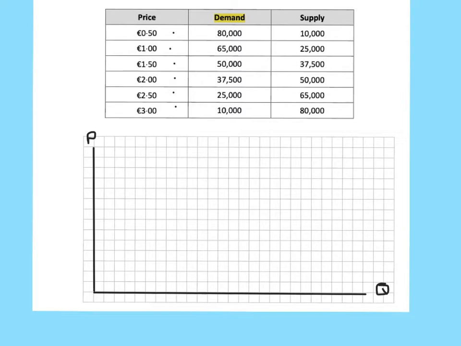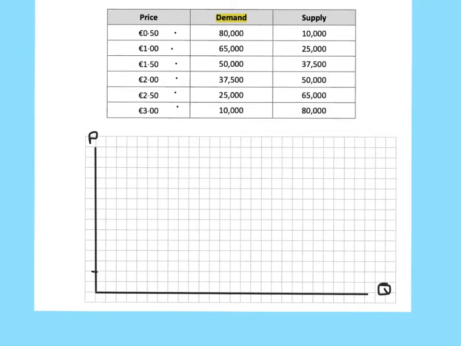So every 2, we'll say 0.5, 1, 1.5, 2, 2.5, 3. Just to save me having to write out the euro sign all the time, I'm just going to put that there. So 3, 2.5, 2, 1.5, 1 and 0.5. I don't even have to label it in. You can, if you want, label in like 0.5 there. I'm just going to try and save a little bit of time.